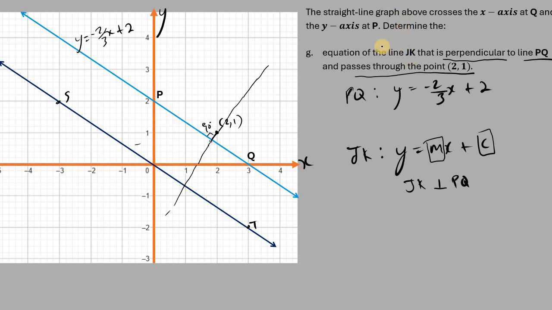Anybody? Can somebody tell me about two lines that are perpendicular? Or do I have to go back to the notes? Their gradients equal -1? They're not equal. What about them equal -1?